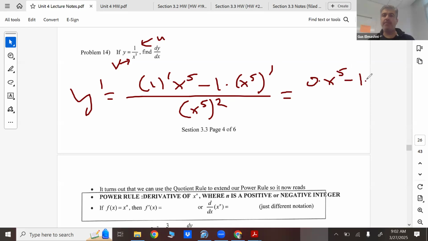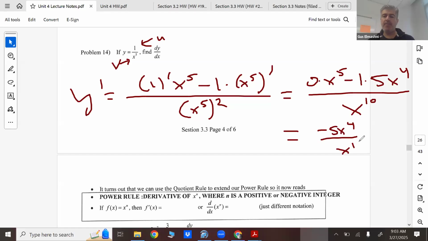What's the derivative of x to the fifth? 5x to the fourth, over x to the 10th power. So what do you get? Negative 5x to the fourth over x to the 10th, or negative 5 over x to the sixth. So you could do that.